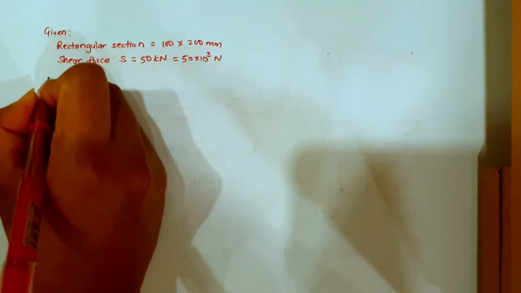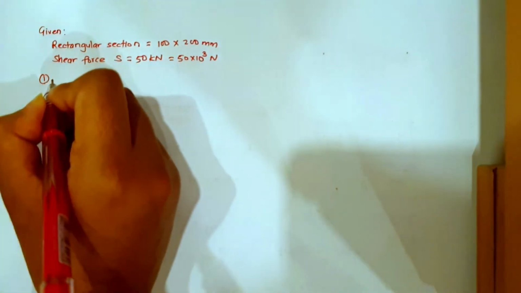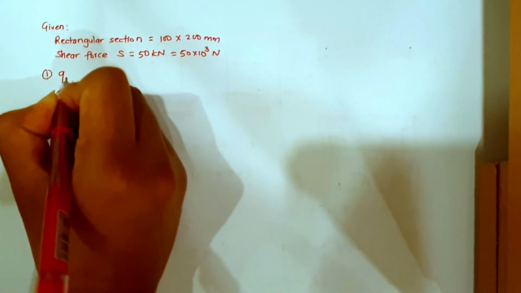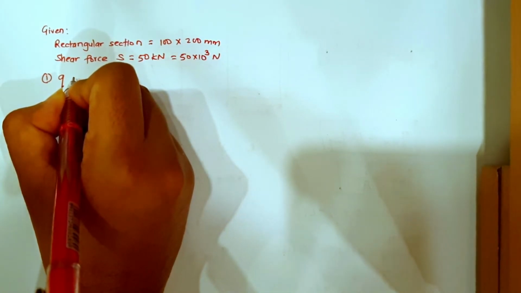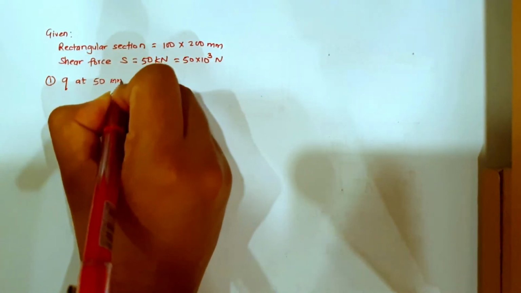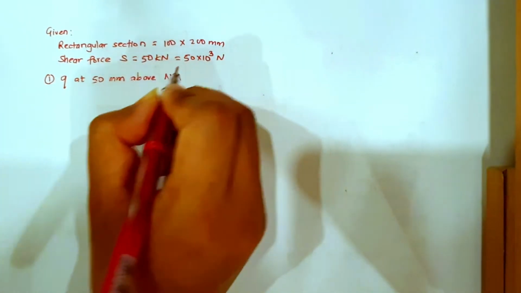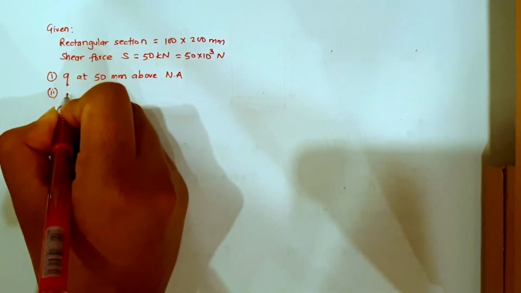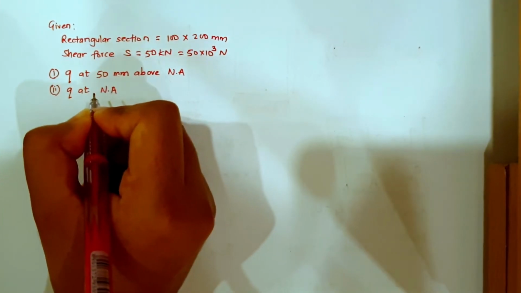Now what are we asked to find? First we are asked to find the shear stress induced. Shear stress is denoted by Q. Shear stress induced on a layer 50 mm above neutral axis. So shear stress at 50 mm above neutral axis, first we have to find this. Second, we need to find shear stress at neutral axis, right?